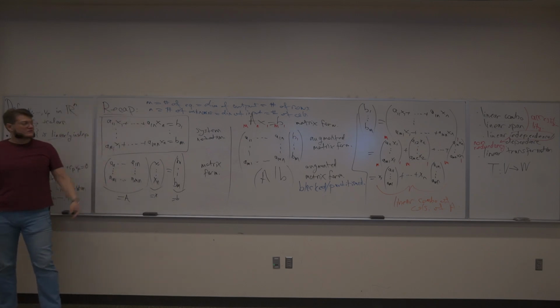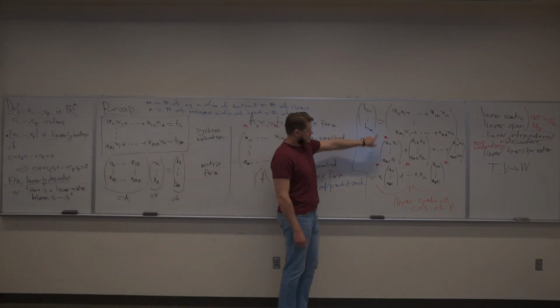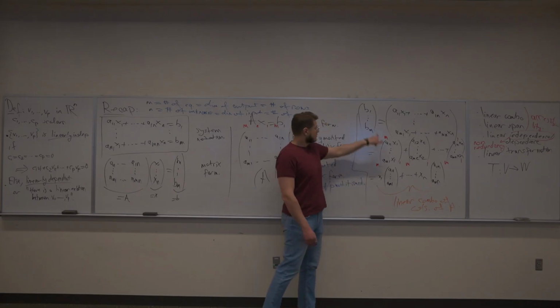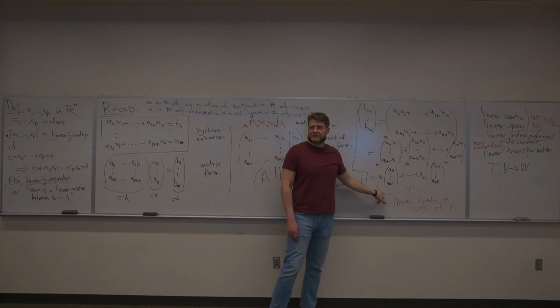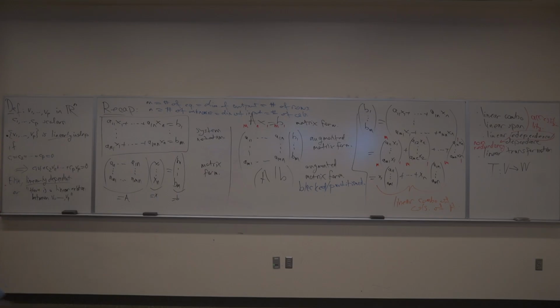What I can say is this. The system is consistent if and only if the B vector is a linear combination of columns of A, if and only if the B vector is in the span of the columns of A. This is just like wordplay, but this is part of linear algebra. You're going to have to get used to this.